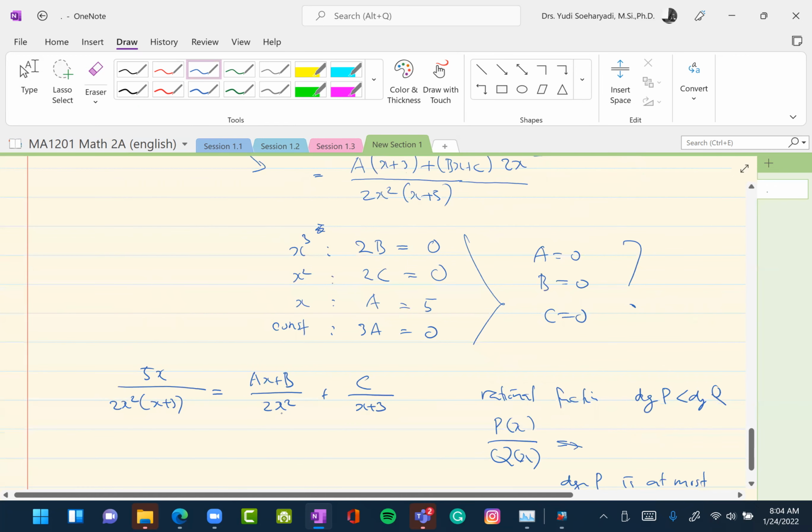So if you have a square, then this should be linear. If you have linear degree 1, then you have a constant degree 0. If you have degree 5, then you should have degree 4 on top.